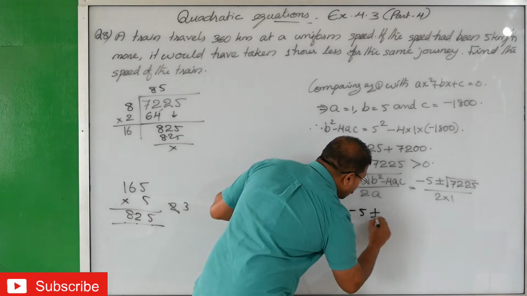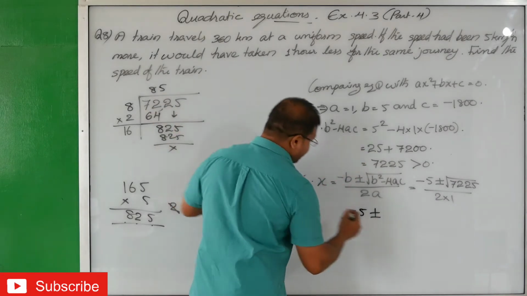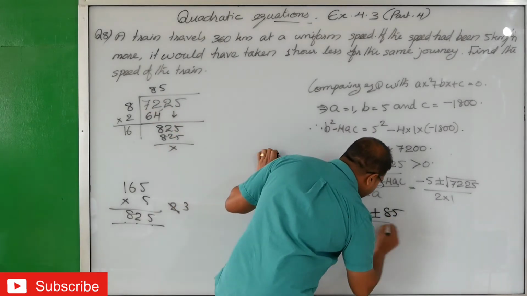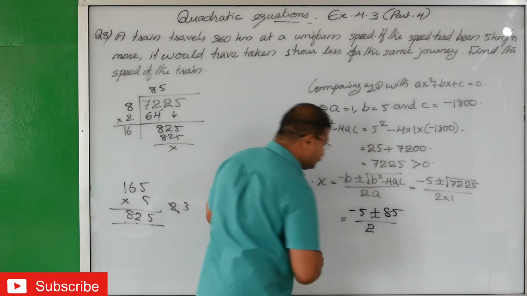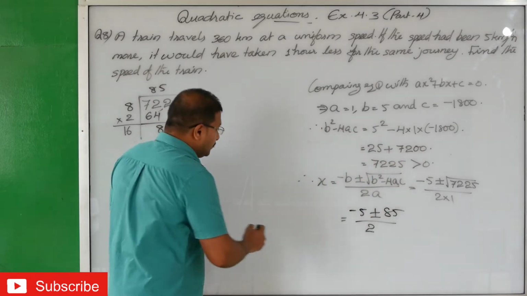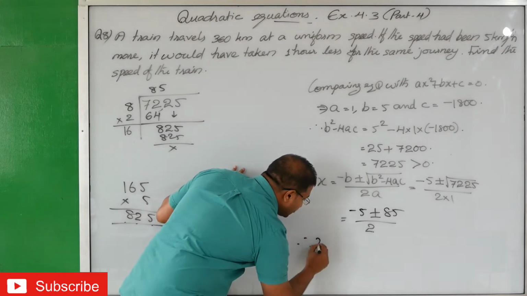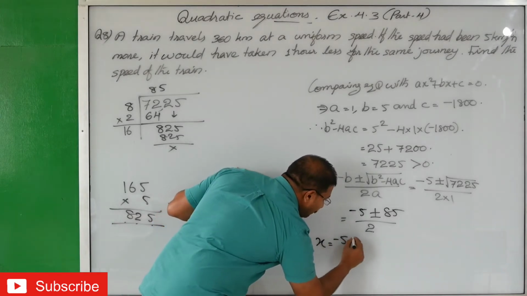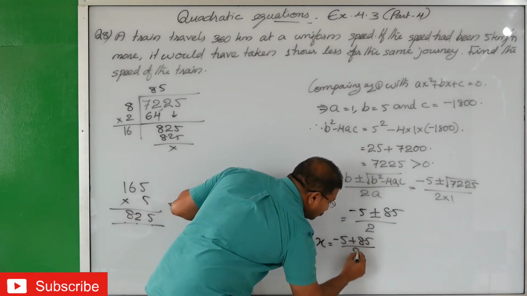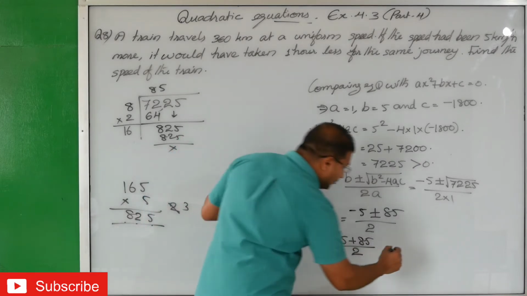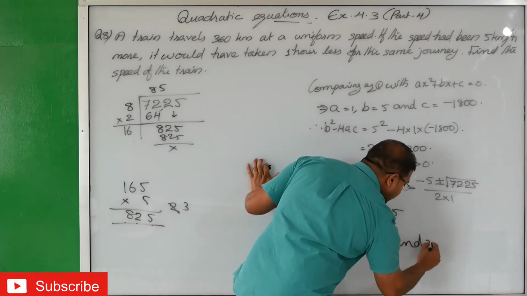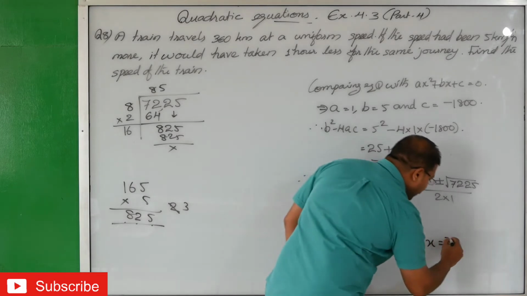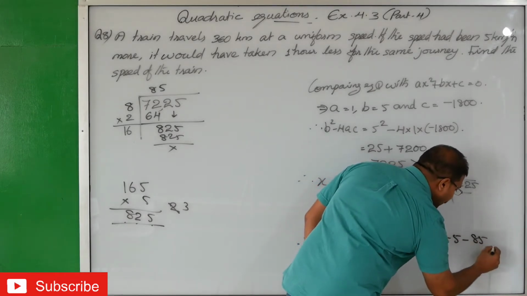Minus 5 plus or minus 85 divided by 2 ones are 2. Therefore, x equals minus 5 plus 85 by 2 and x equals minus 5 minus 85 by 2.